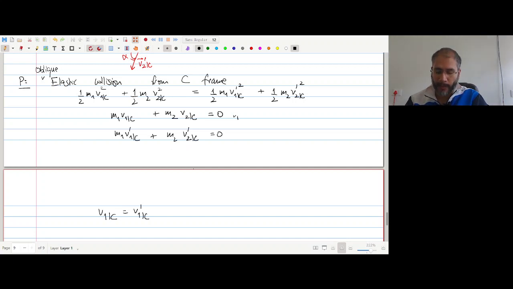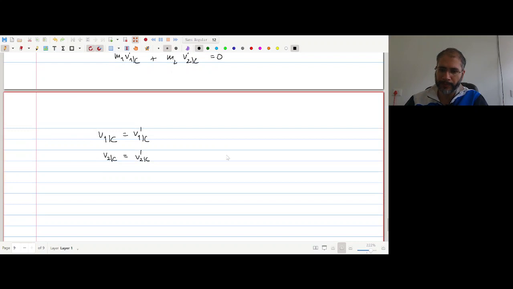Now this is oblique. So the magnitudes of the velocities before and after the collision in the C frame are the same. What that means is that in the C frame, for this case of a fully elastic collision, the velocity vector of the mass, let's say mass number 1 here, simply rotates, it does not change in magnitude. It's a very interesting thing. And similarly, if we do it for the second mass, we will get a similar relation.